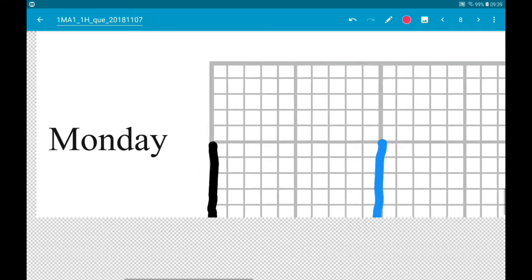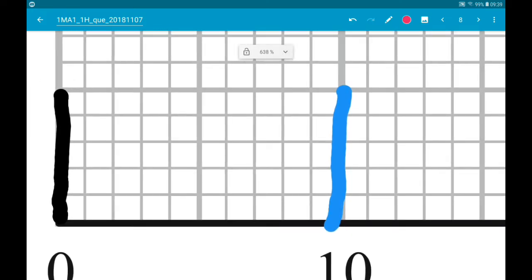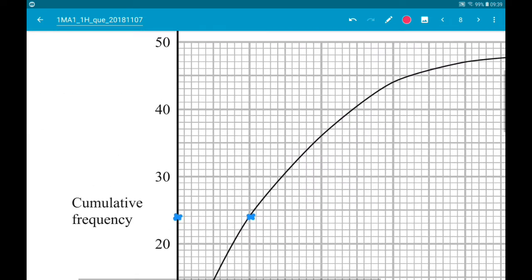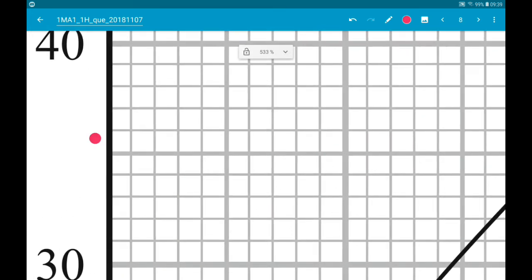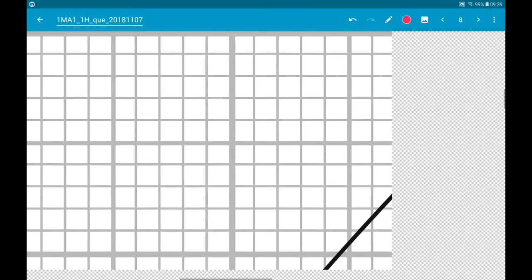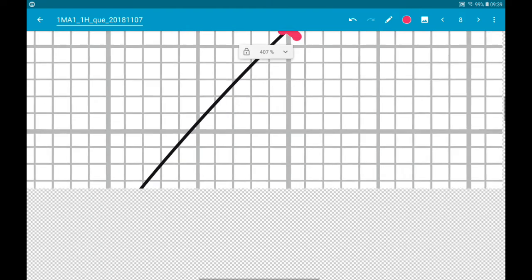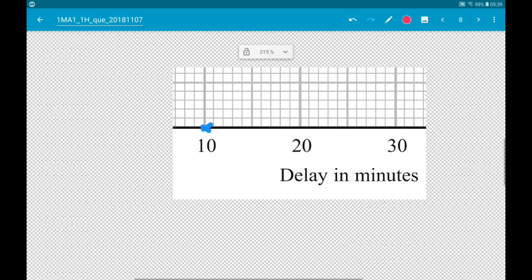So the left of the box is a 4. And then for the upper quartile, we go across from 36, which is there. Takes us here, which is 20.